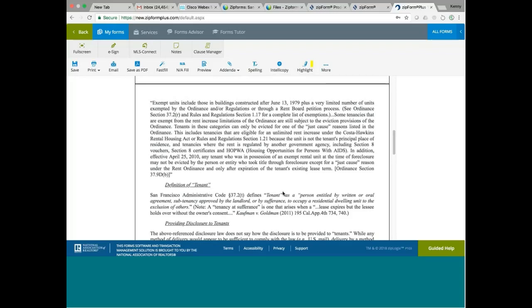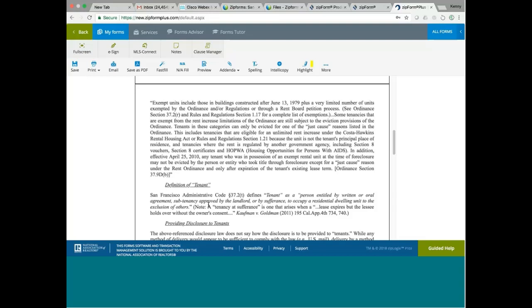It says here, a tenant is a person entitled by written or oral agreement, subtenancy approved by the landlord, or by sufferance to occupy a residential dwelling unit to the exclusion of others. So anybody that is on the property that is approved by the landlord, whether that person has a direct contractual relationship with the landlord, is considered to be a tenant.